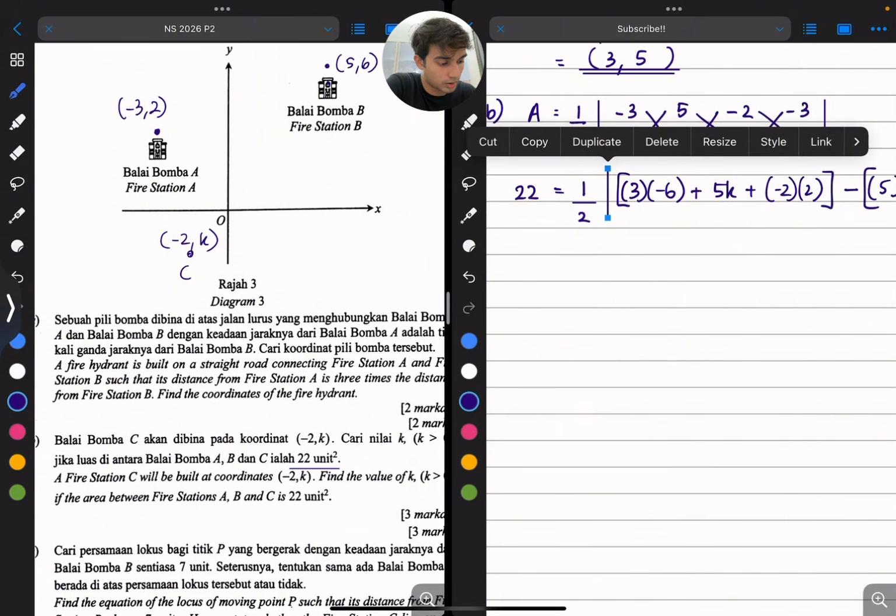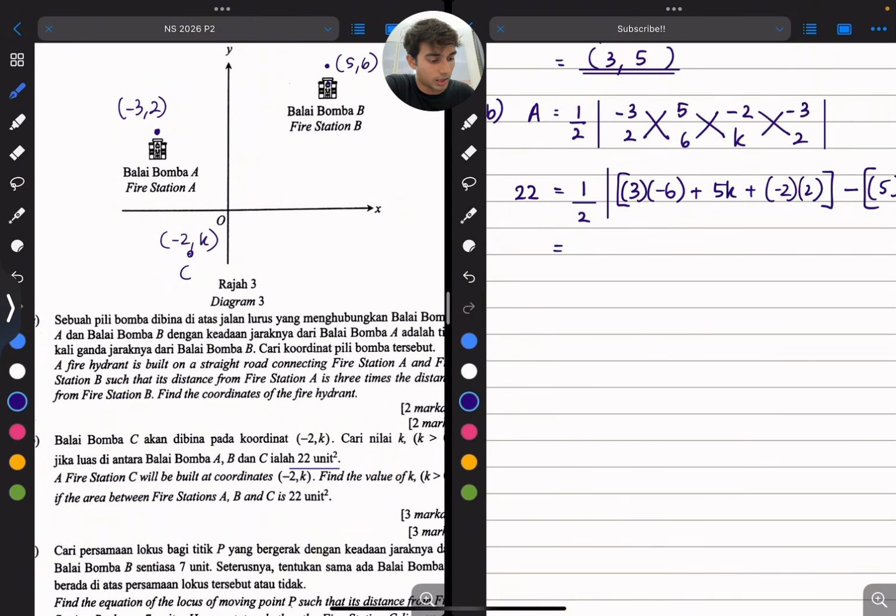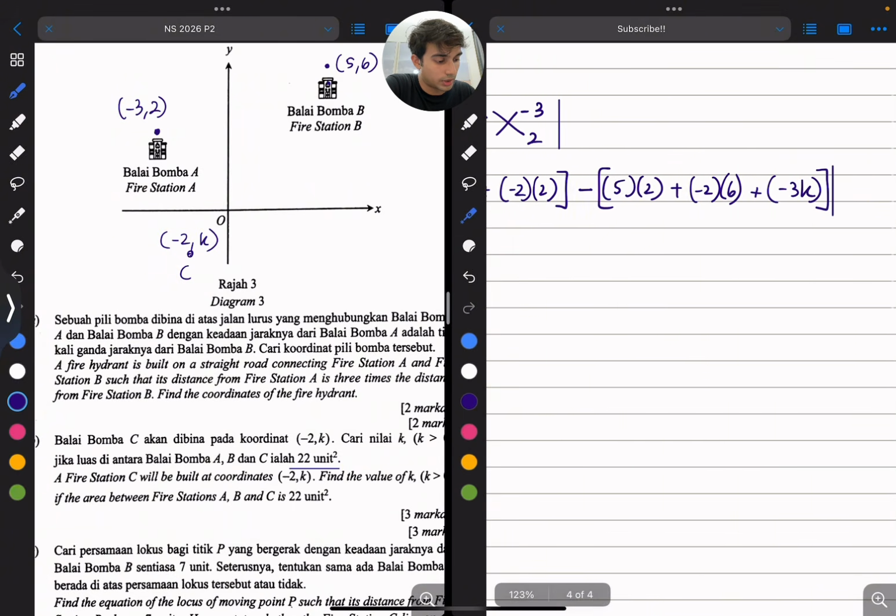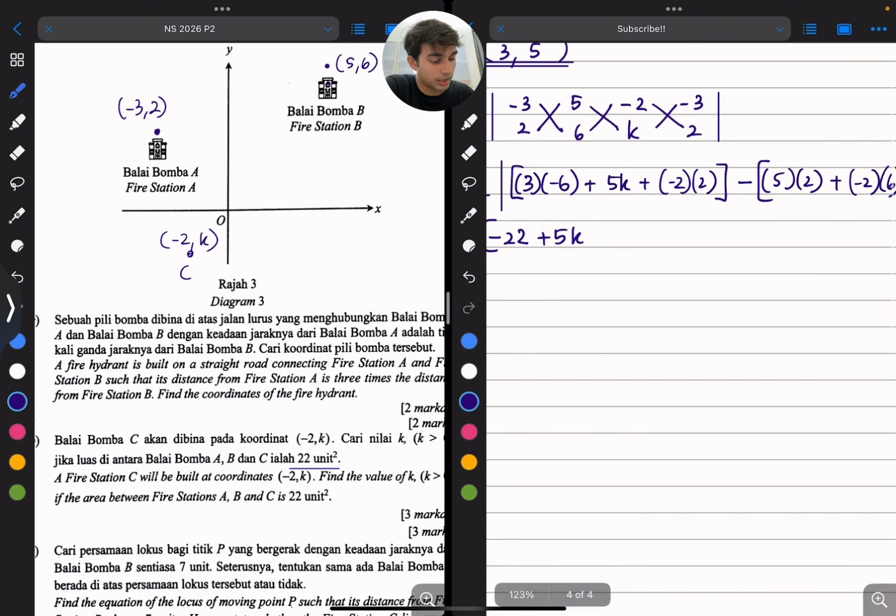Then the 1 over 2, this is basically over 2, right? So you bring here, will become times 2. So 44 will be modulus of negative 18 minus 4, which is negative 22, plus 5k. Here we'll get 10 minus 12, which is negative 2, so negative 2 minus 3k.